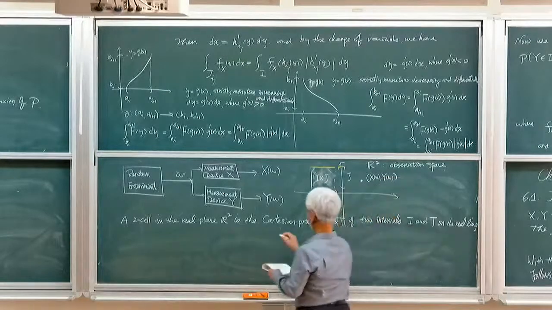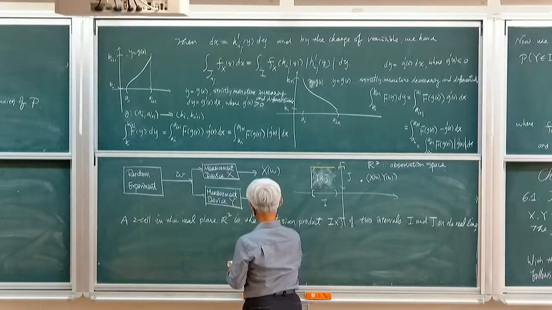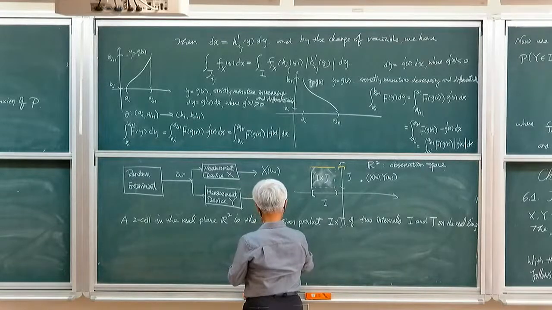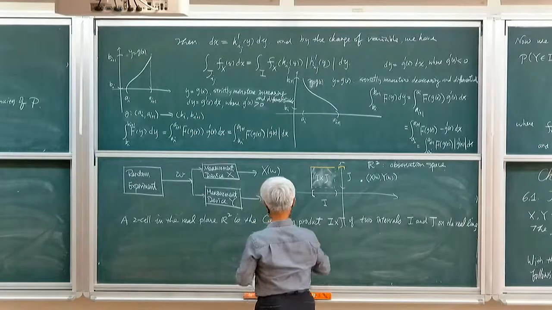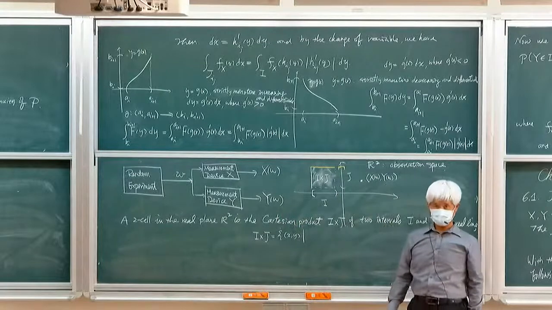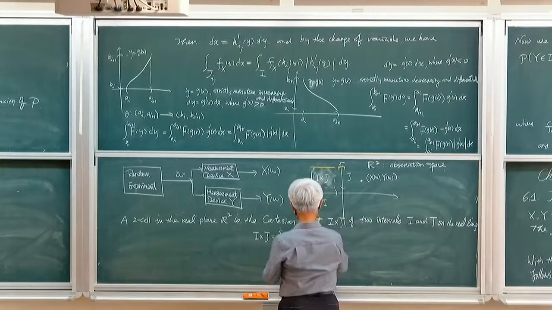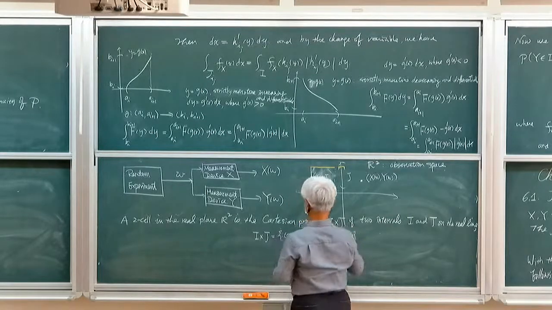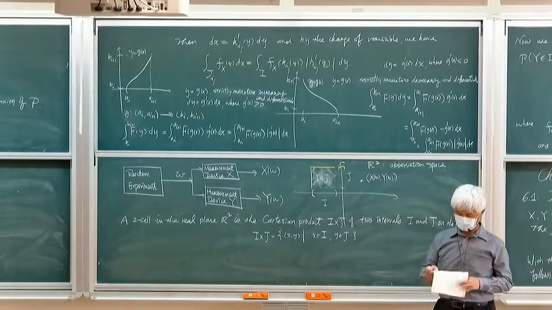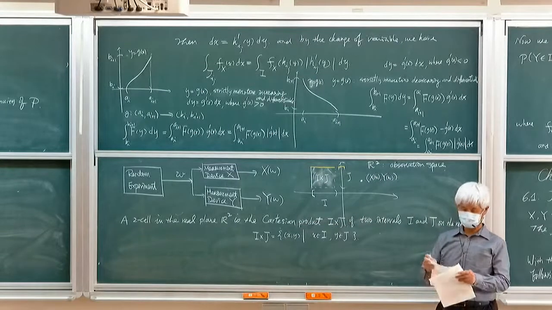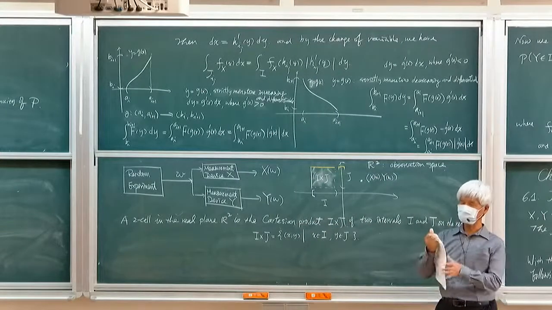All right, so the Cartesian product would consist of all ordered pairs (x, y), where x is in interval I and y is in interval J. Okay. So I hope you know Cartesian product from before.